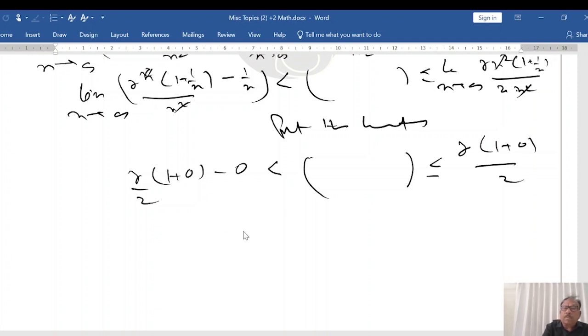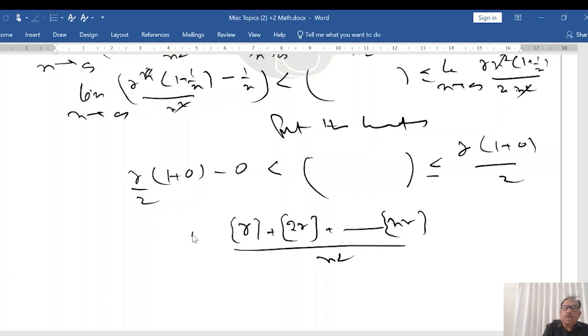This comes out to be, r plus 2r plus nr divided by n square, limit n tends to infinity, goes to r by 2. This comes to greater than r by 2.